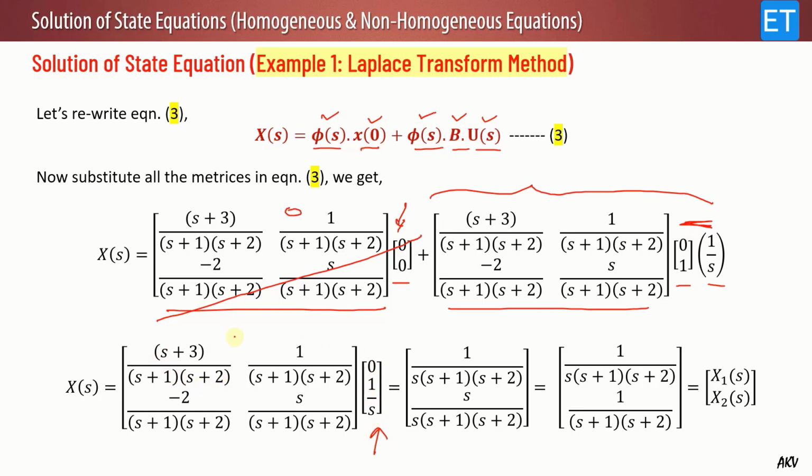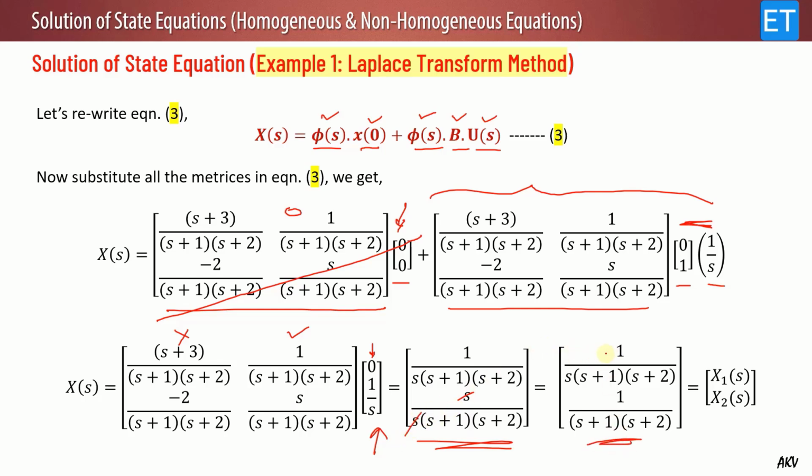So now you need to multiply these two matrices. When you multiply these two matrices, you will get this answer, very easy, because the first element is 0. So the first column will be eliminated, only the second column will be preserved, like this, right? And here you can see that s is also cancelled by the s.